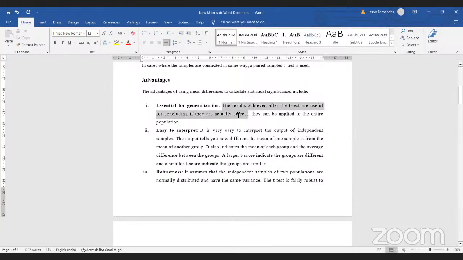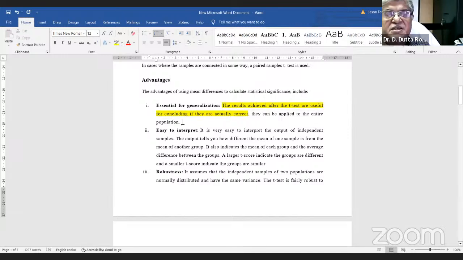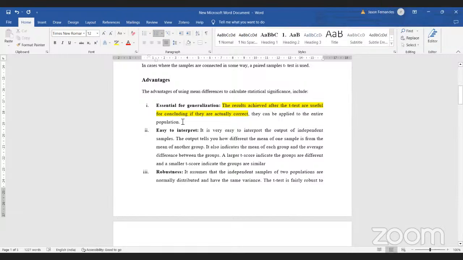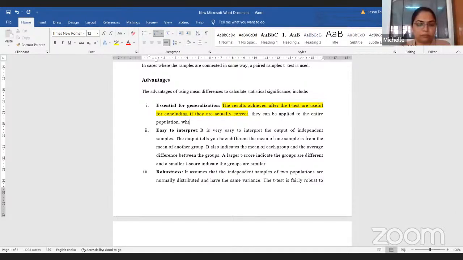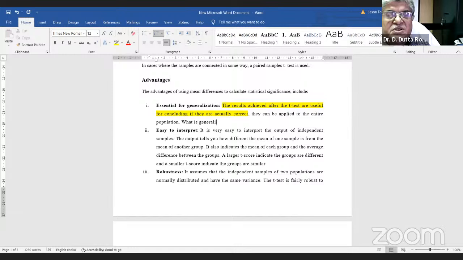Sir, can we use examples here to make it content? Yes, because it says essential for generalization, so what is generalization should be mentioned, because actually we are making the inference. Generalization means we are making inference. So this statement is not clear.